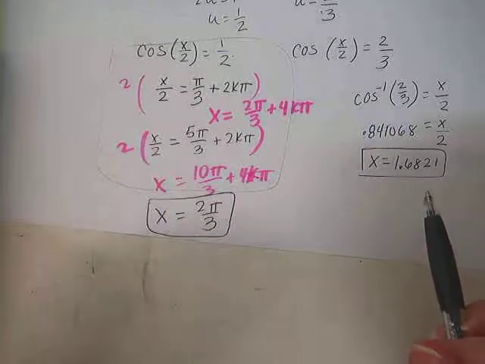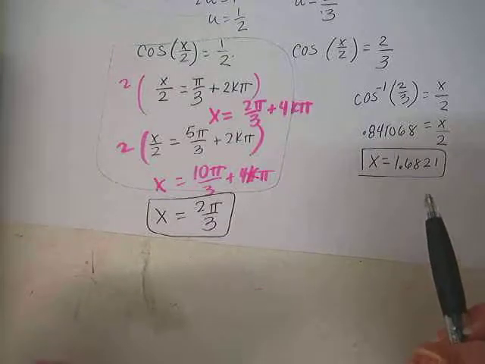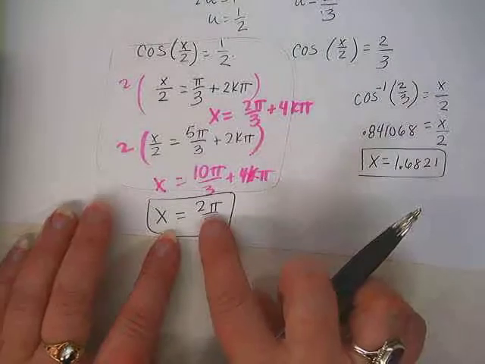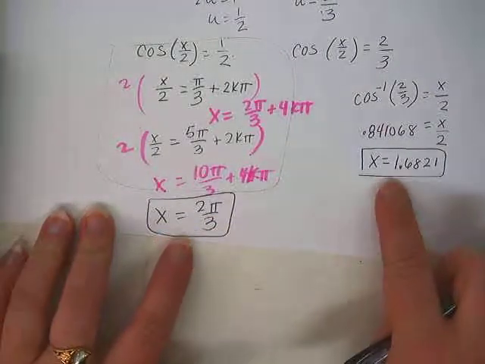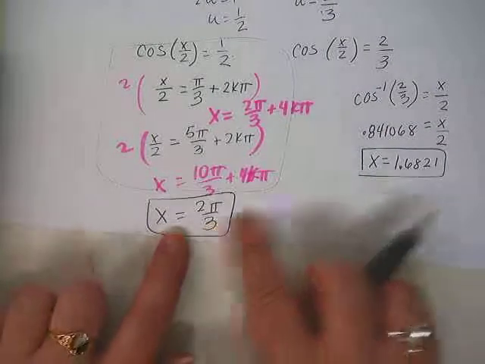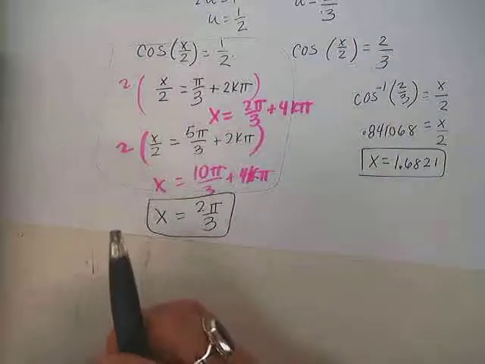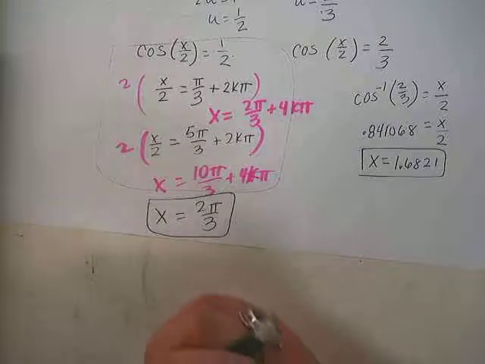Technically, I should worry about a quadrant 4 answer, but what happened the last time we tried doing a quadrant 4 answer? When we doubled it, what happened to it? It went too far past 2 pi. So think, are we really going to need to do the quadrant 4 answer? No, because it's going to be bigger than we need it to be.